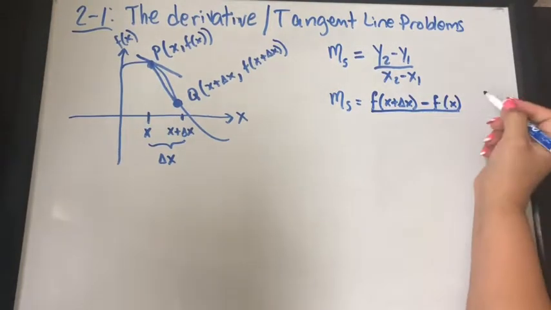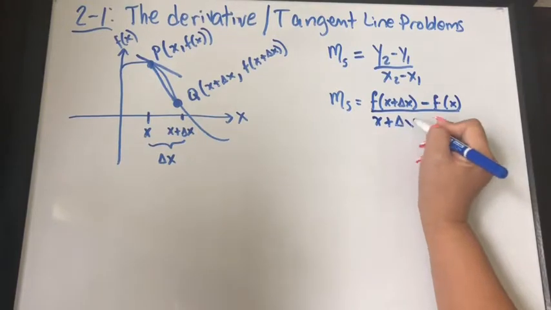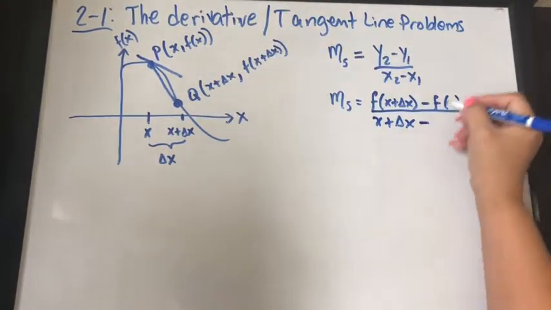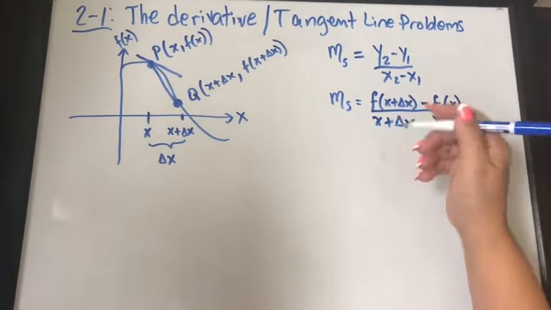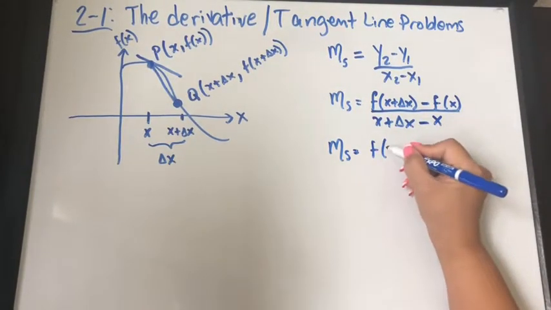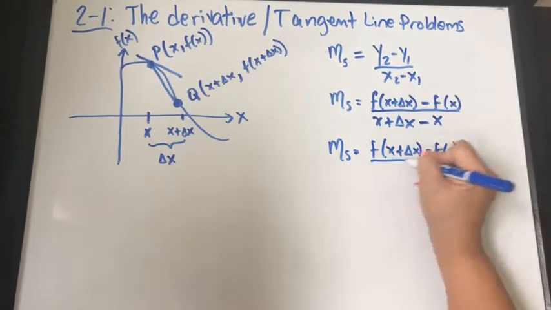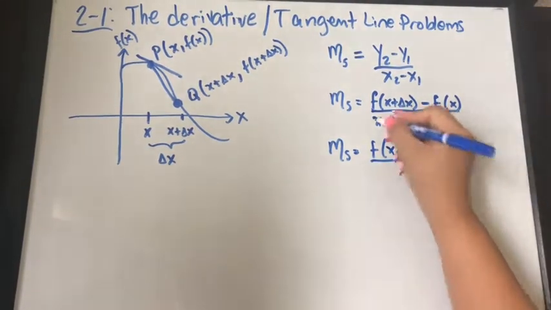Then subtracting my x values, x2 would be x plus delta x, minus this one, which is just x. If I simplify my slope of the secant line, what I'm left with is f of x plus delta x minus f of x, over delta x, because the x's cancel out.